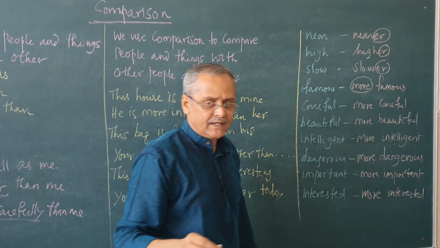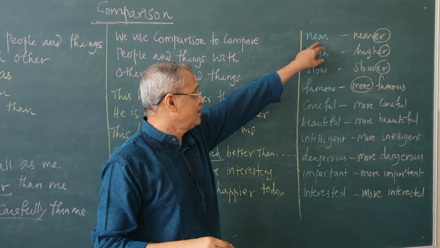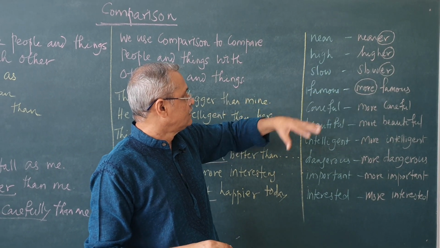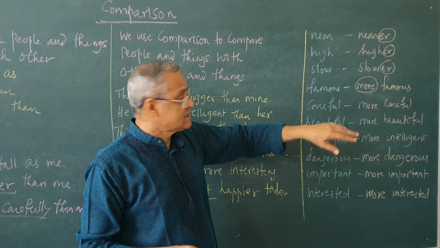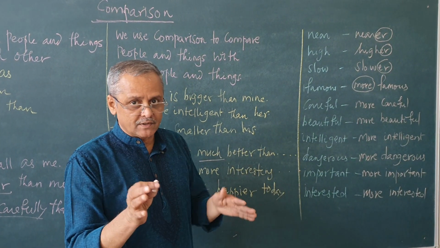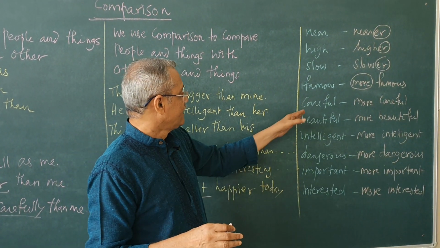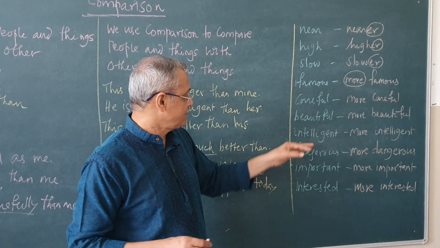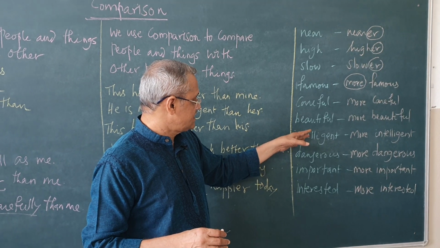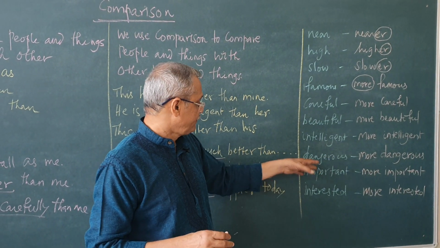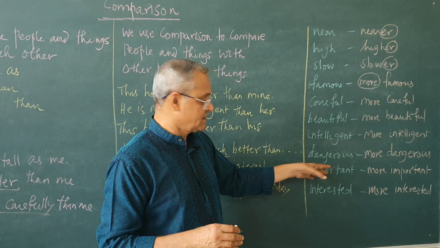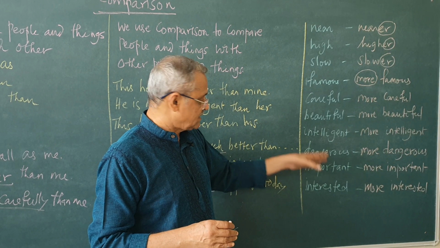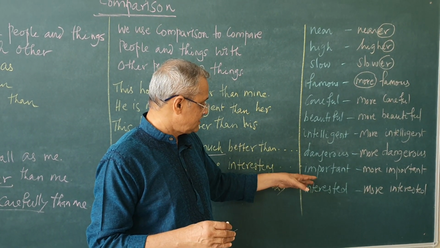One way of identifying that is when there are single syllable words like near, high, slow, whereas famous has two syllables, careful, two again, beautiful, three syllables, intelligent, four, dangerous, three, important, interested.